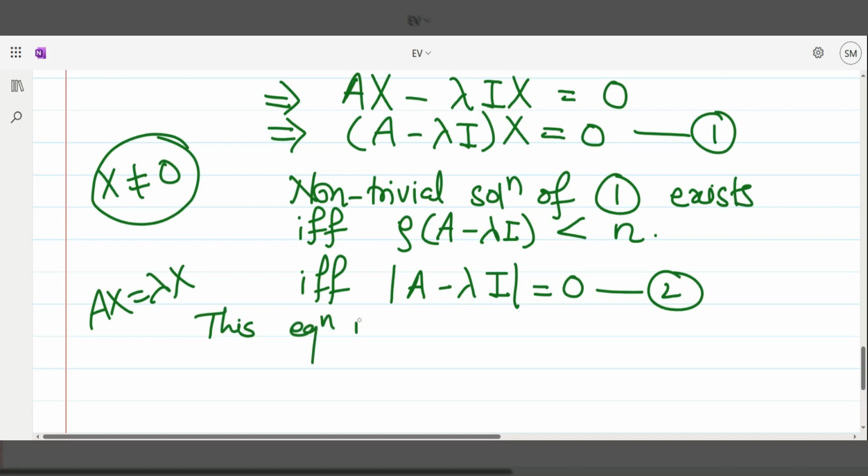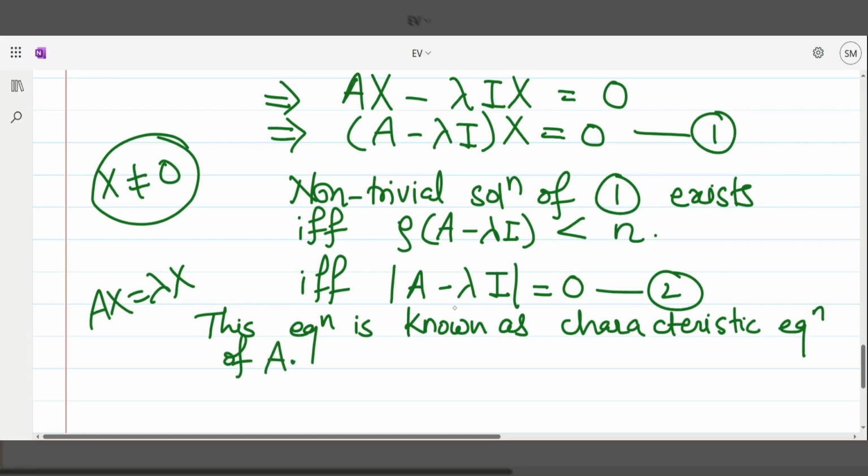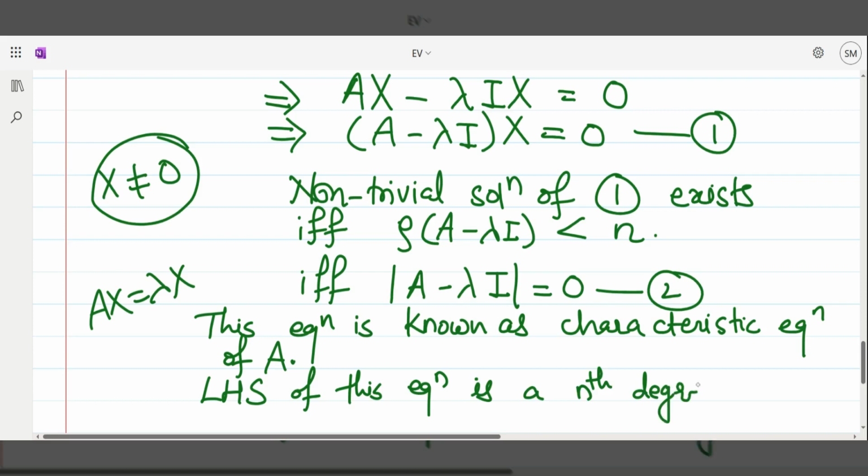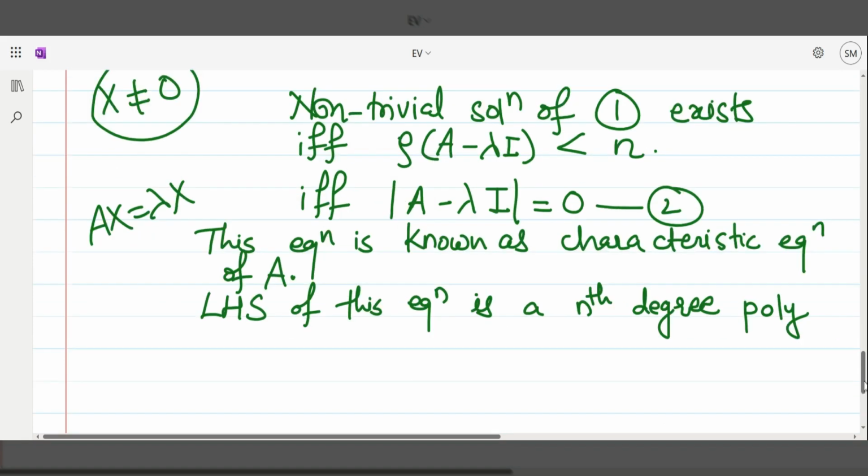This equation is known as the characteristic equation of A, and the left hand side of this equation is going to be an nth degree polynomial in lambda.